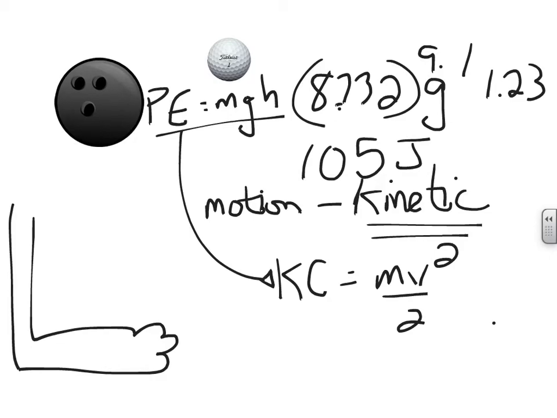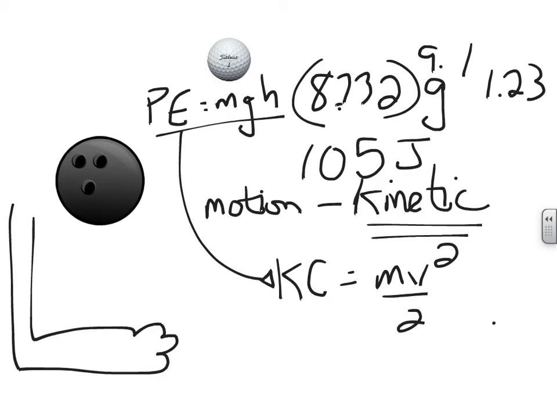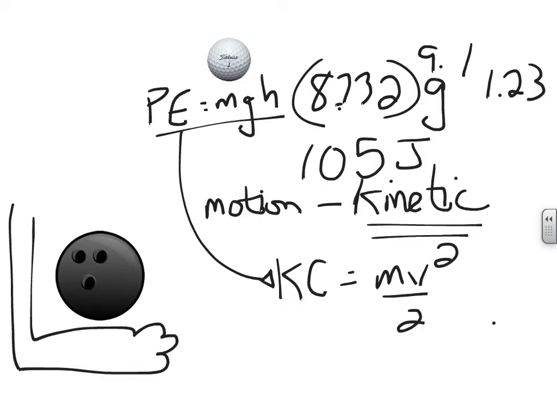As it falls, the height is getting smaller, but the speed is getting faster. So the kinetic is getting bigger and the potential is getting smaller. They end up equaling each other. So the 105 joules that we said this could do is the total potential it has. That 105 joules will turn into kinetic energy as it's falling and is about to hit your foot.